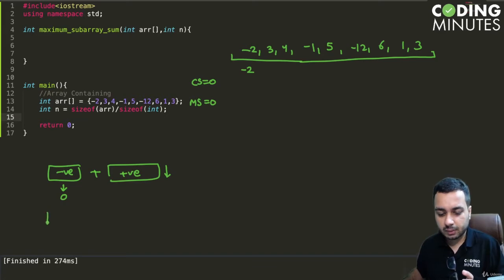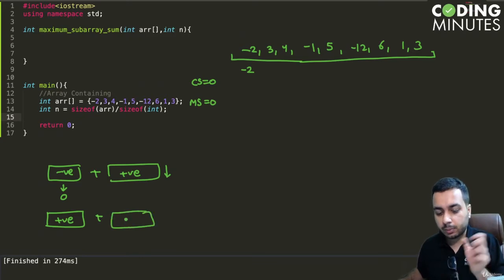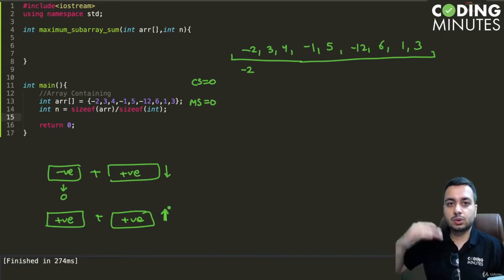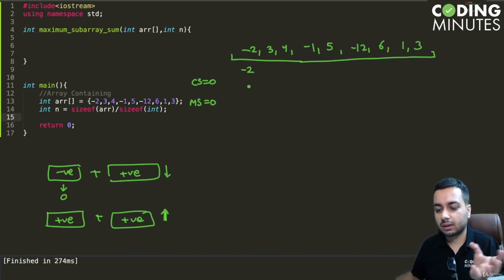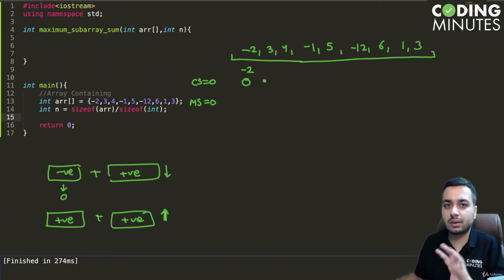But if you get a positive sum, maybe very small but still positive, and you get some more positive sum from the remaining part of the array, this sum is going to shoot up. So if your current sum at any point is negative, better ignore that sum and move on. Instead of taking -2, I will just accept 0 as my current sum. I'm not going to count -2.